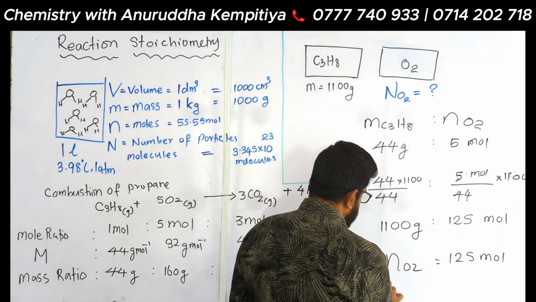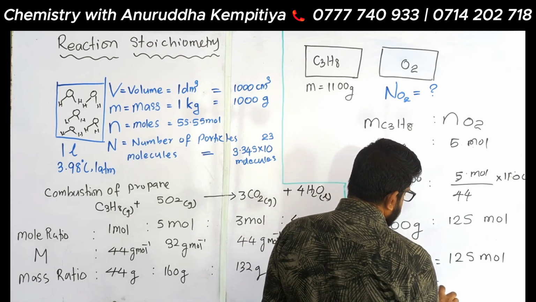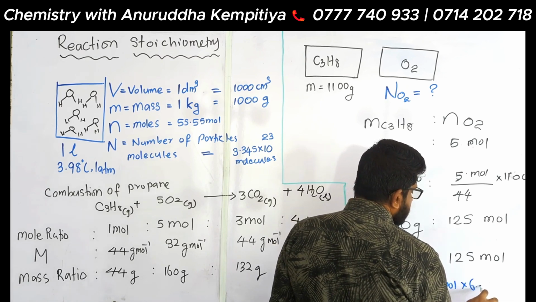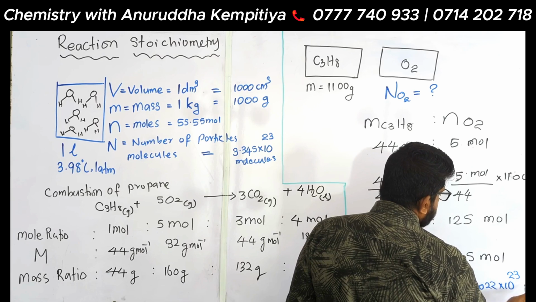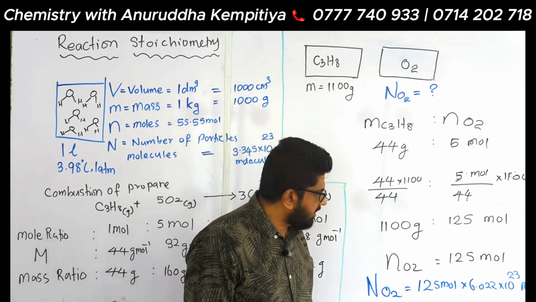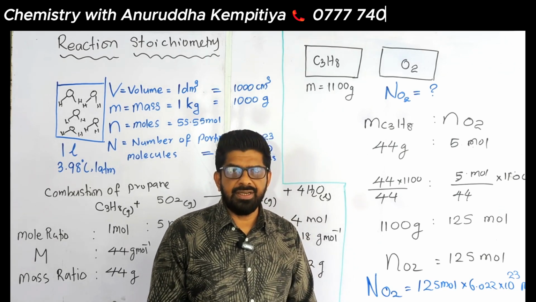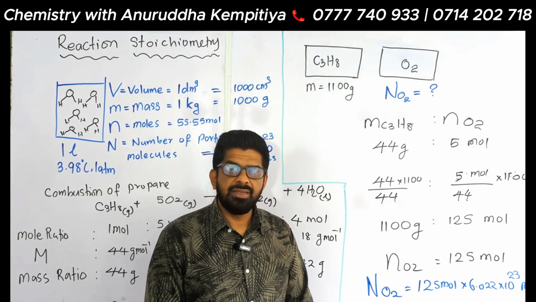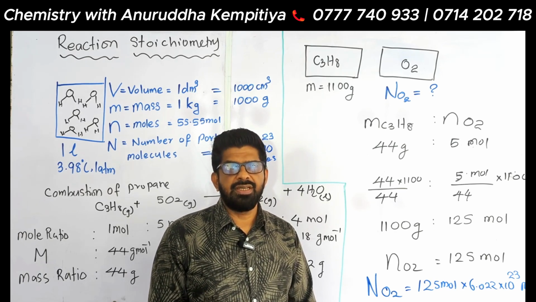Number of particles of oxygen molecules is going to be 125 moles multiplied by Avogadro number, that is 6.022 times 10 to the power 23 per mole. If you simplify this, this is how you easily find the number of particles when the mass is given. Mass of propane is given, and the number of molecules of oxygen is calculated here.